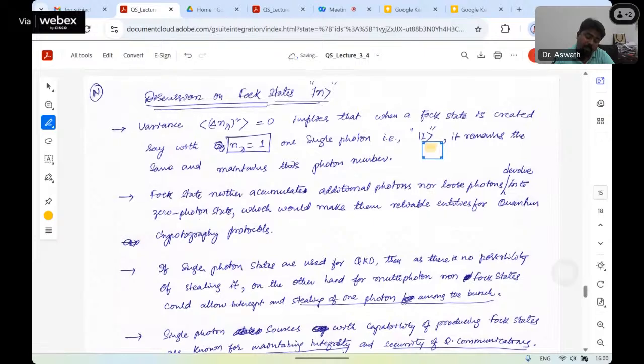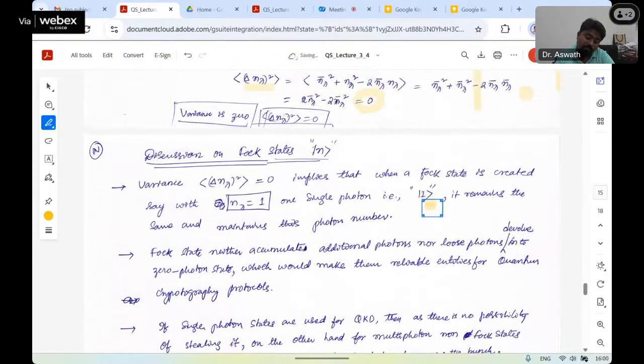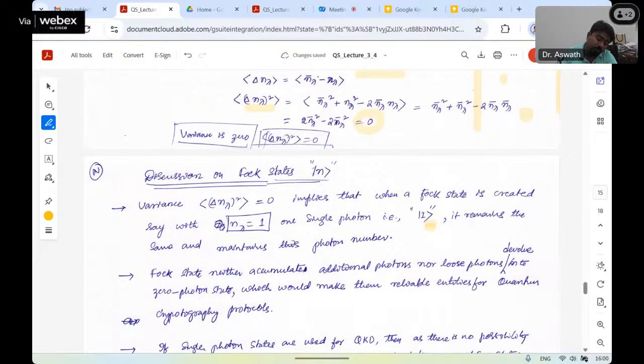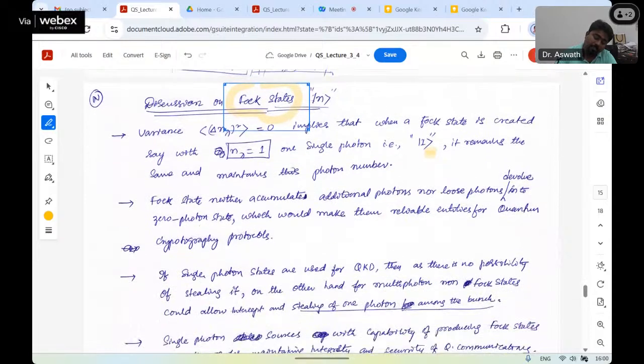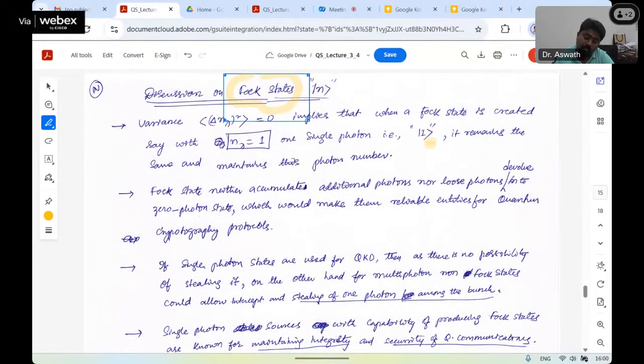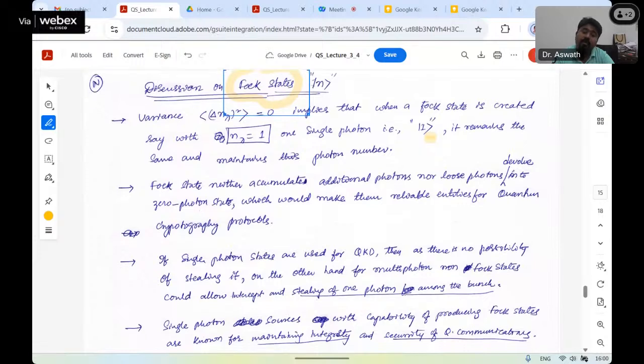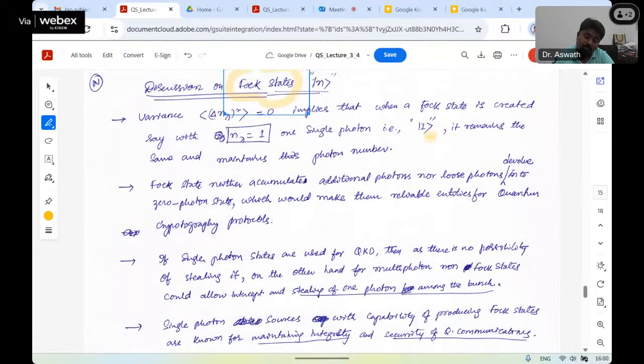That means the |n⟩ ket states which I have discussed so far are known after the scientist Fock. They are called Fock states. These Fock states are rigid, or less prone to external means, so they remain intact when they are prepared in a particular number state. If I prepare a system in a one photon state, it remains in the one photon state.